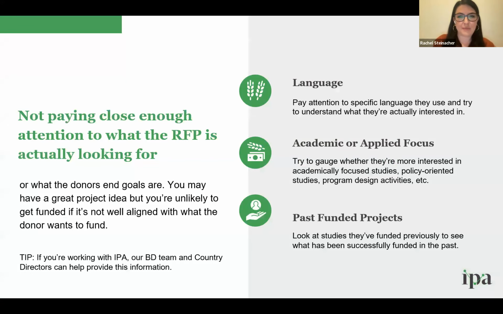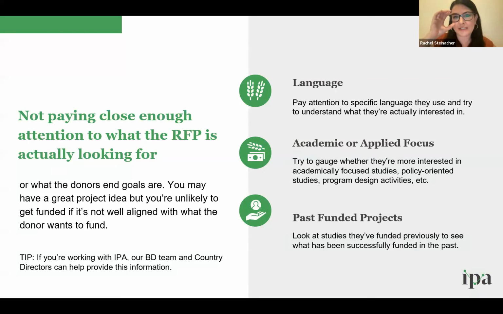Okay, so let's start with some common mistakes we see in how well or poorly a proposal might align with a particular funding call. And some of these themes will be similar to what you heard Claire mention during her section, which is great. You can see the same information coming from different sources. So first, the first mistake we often see is a lot of proposals that don't pay close enough attention to what the RFP is actually looking for and what the donor's end goals are.